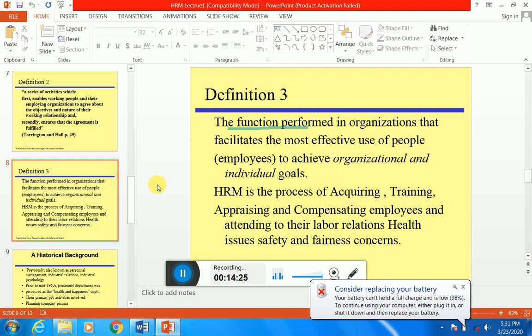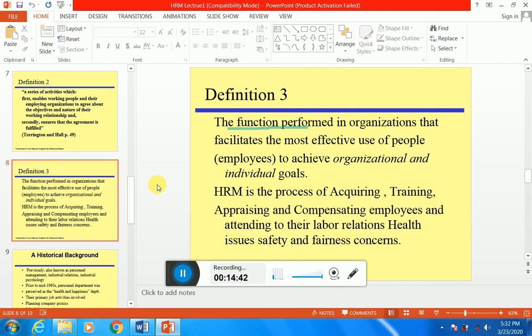HRM is a managerial function that tries to match an organization's needs to the skills and abilities of its employees. Human resource management is responsible for how people are managed in organizations. It is responsible for bringing people into the organization, helping them perform their work, compensating them for their work, and solving problems that arise.